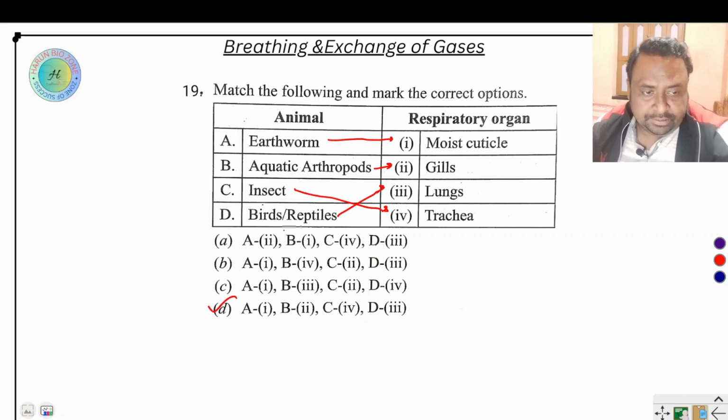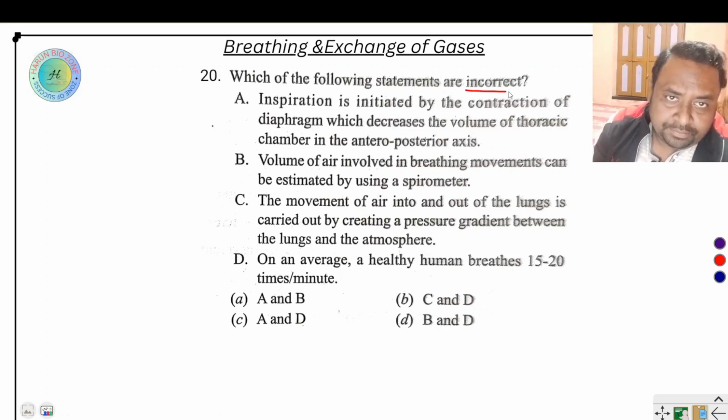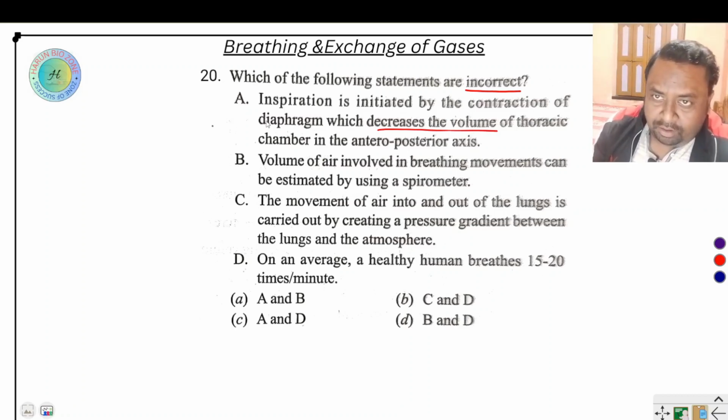Next question: which of the following statements are incorrect? Inspiration is initiated by the contraction of the diaphragm which increases the volume of the thoracic chamber in the anterior posterior axis. This is right, not the wrong answer. Volume of air involved in breathing movement can be estimated by using a spirometer.